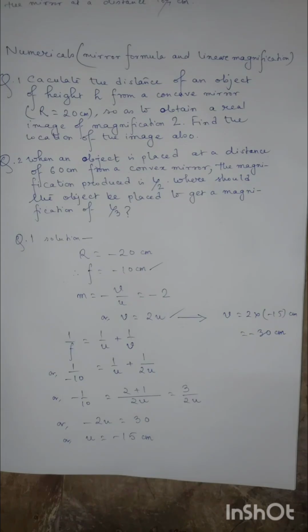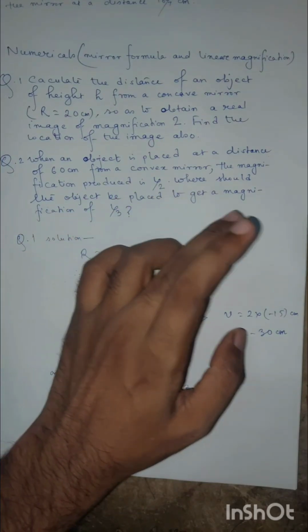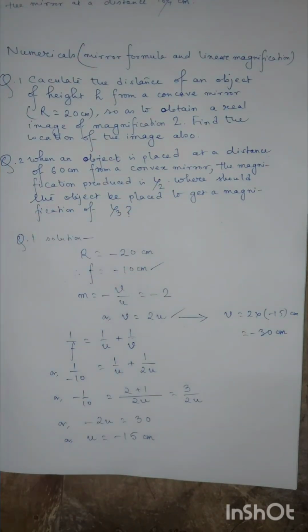So the object distance is given as 60 centimeter and the mirror is a convex mirror. The magnification is half. So our question is: where should the object be placed to get a magnification of 1/3?